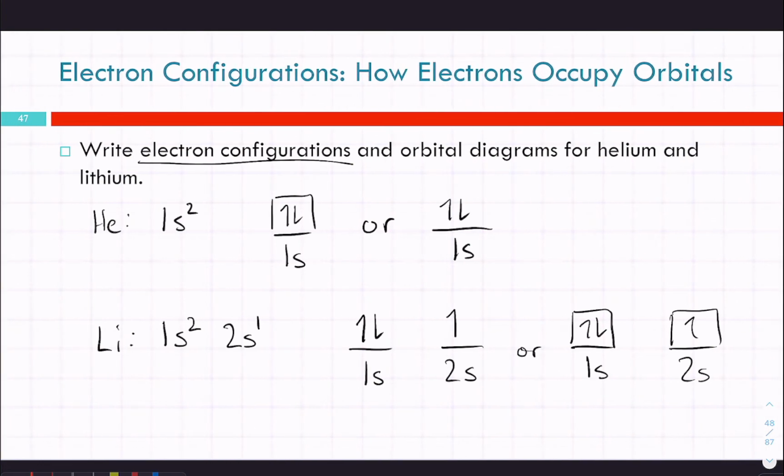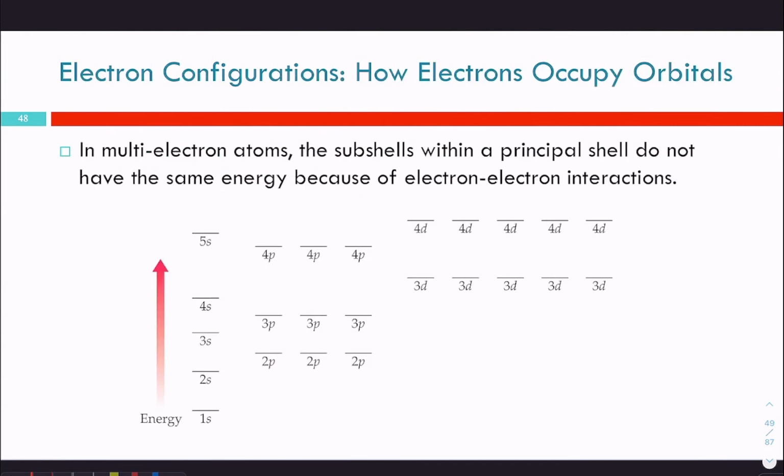Okay, so that's how you would write electron configurations and orbital diagrams for helium and lithium. We fill from lowest energy to highest energy, and this is just a diagram to see all of those laid out next to each other. So 1s is the lowest.